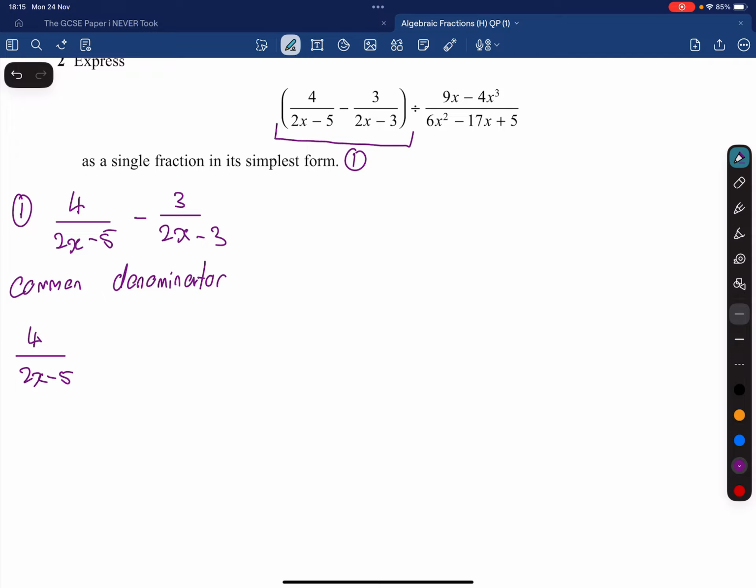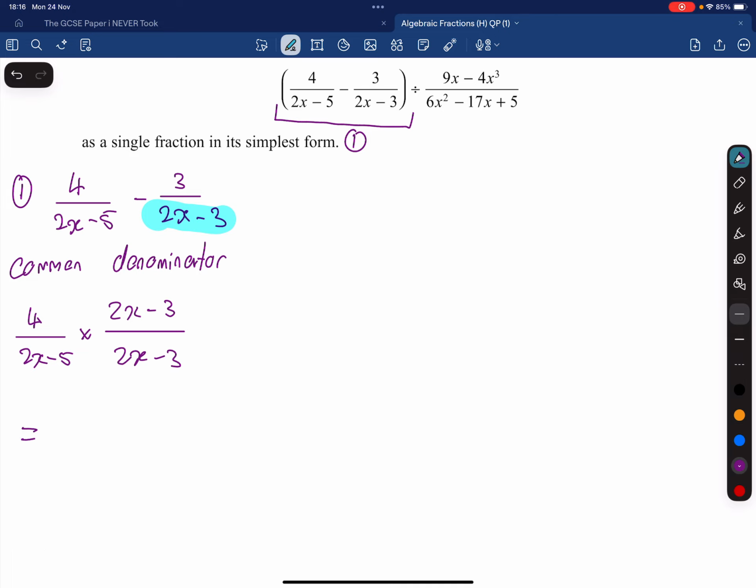What we need to do is multiply this by this denominator on the top and the bottom. So 2x minus 3 over 2x minus 3. Why? Well, this 2x minus 3 divided by 2x minus 3 is just equal to 1, so it doesn't actually change the value of the original fraction.